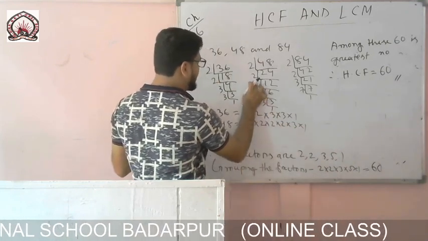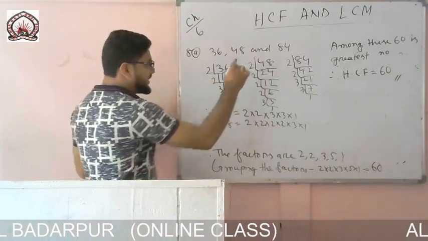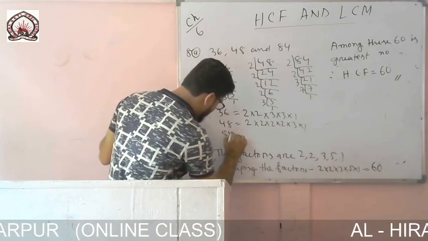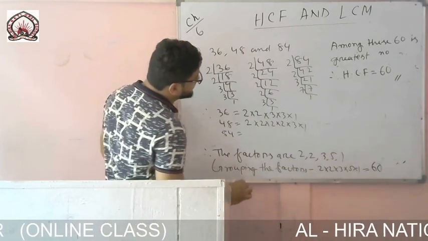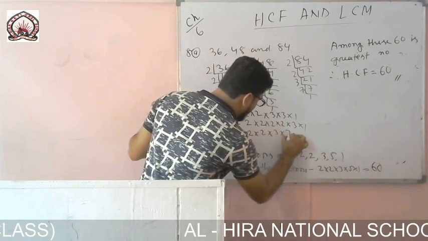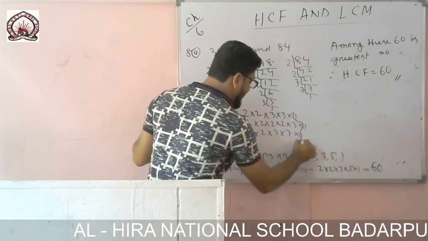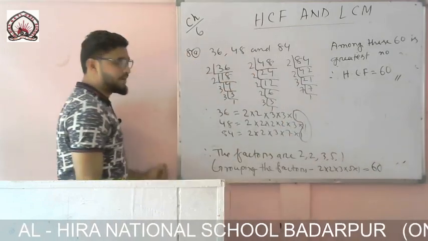And 84 equals 2 into 2 into 3 into 7 into 1. So in every case 1 is there. So this one we have got.